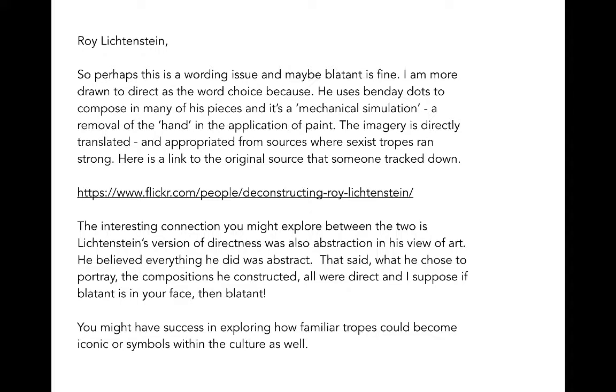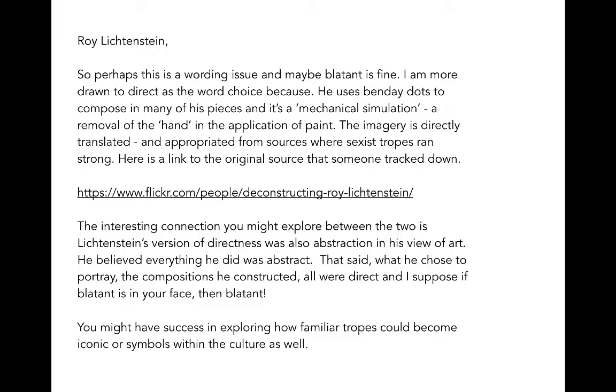An interesting connection you might explore is that his version of directness, in his mind, was abstraction. So this is where you run into a little problem, because Lichtenstein is way more direct than Hamilton, especially if we think of "She," which is much more traditionally an abstract painting. I'm totally with you on that.